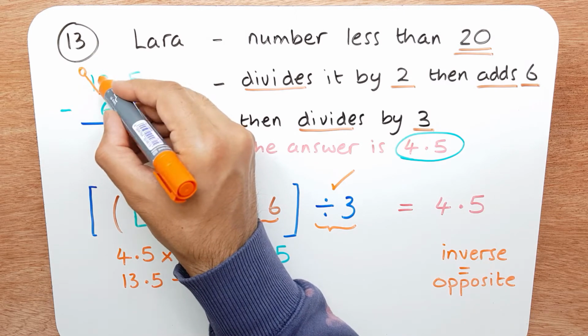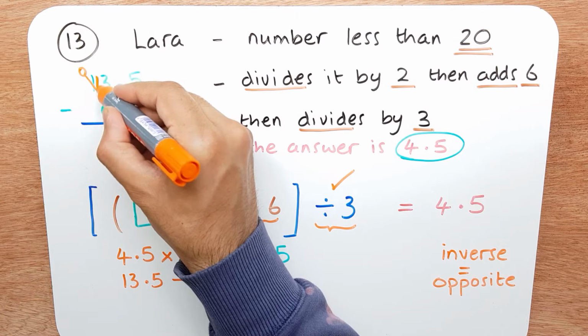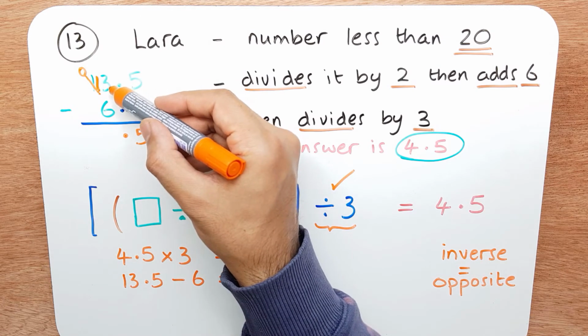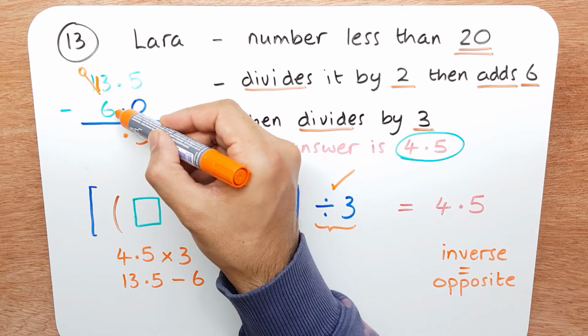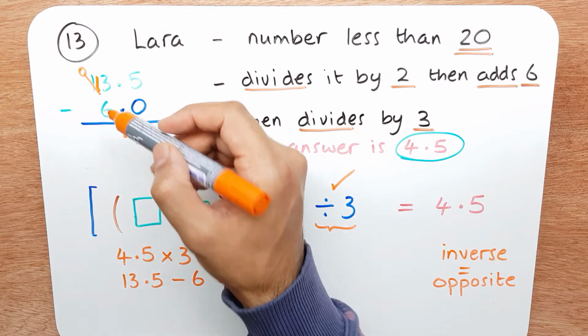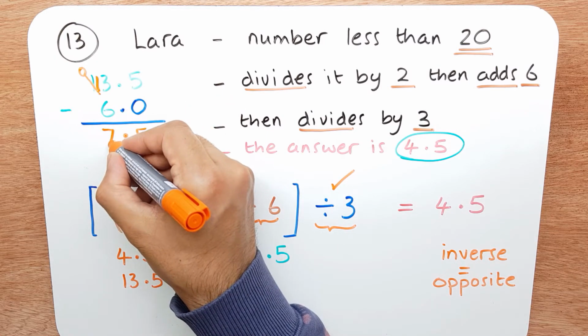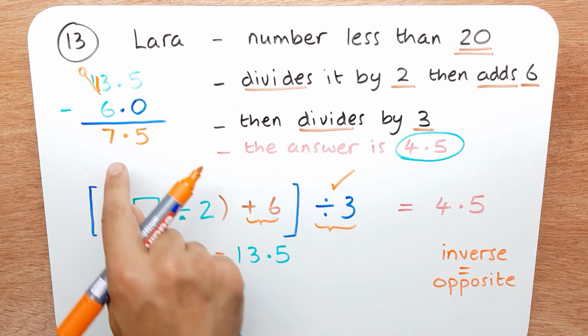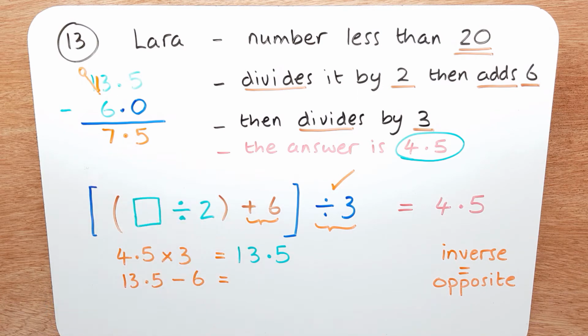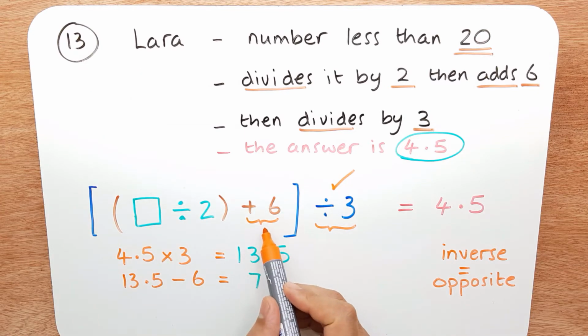And the 1 I've borrowed turns the 3 into a 13. So now I have 13 take away 6, which is 7. So my answer is 7.5. So 13.5 take away 6 is 7.5. So we've done this bit.